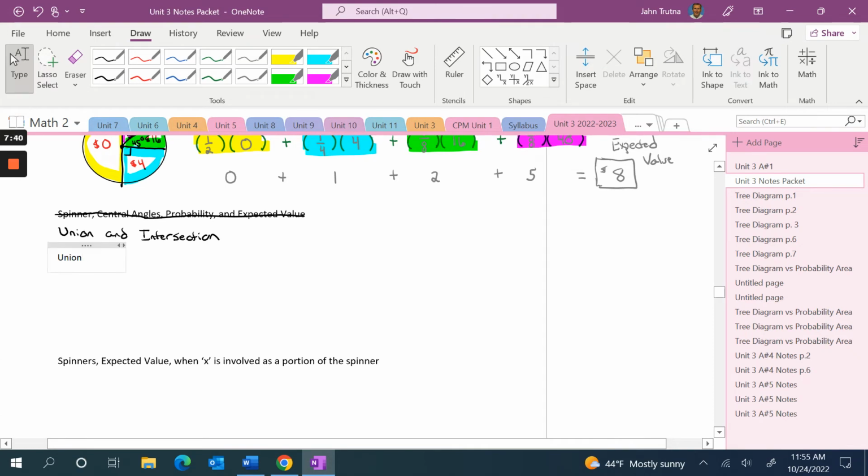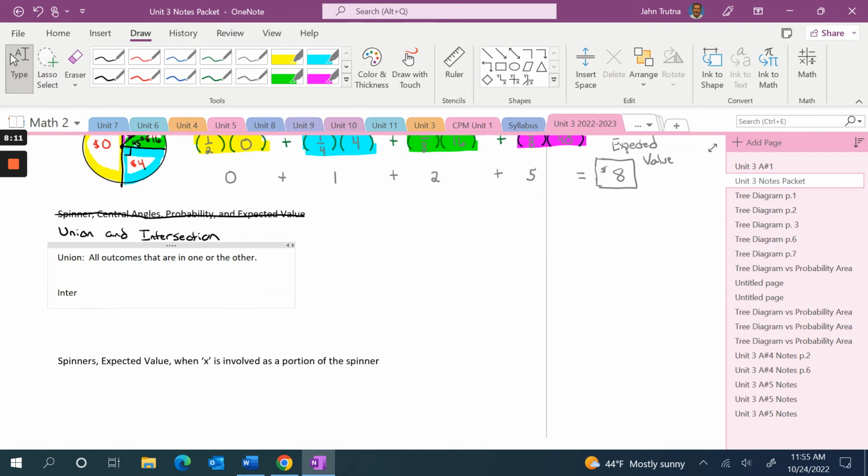I'm going to give you definitions of each one. Union, the definition of union is all outcomes that are in one or the other.